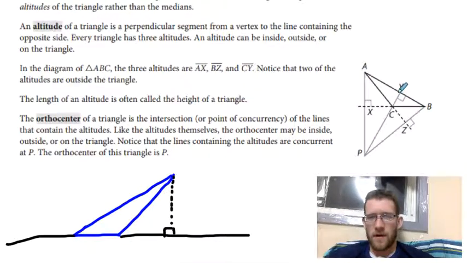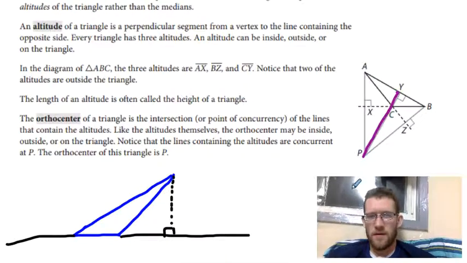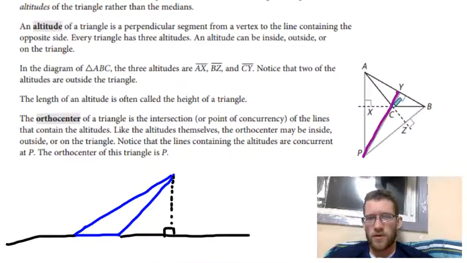So it's possible all three altitudes for this triangle are mapped here. For example, C to P goes through point C, and it is perpendicular to AB.